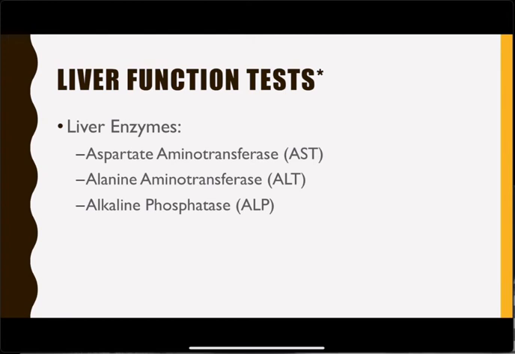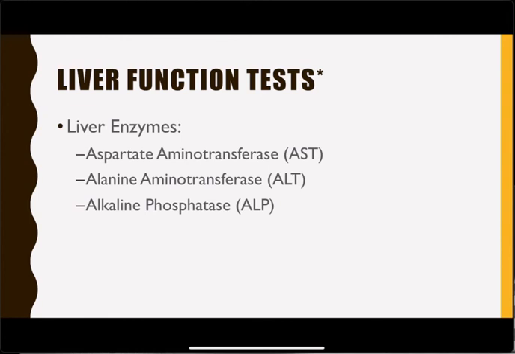So the first of these is called liver function tests, frequently called liver function tests in an electronic medical record. That's a little bit of a misnomer because they're really measuring hepatocyte injury. To say liver function test sounds like you're testing the function. These tests are actually looking for evidence of damage to liver cells, or hepatocyte injury.